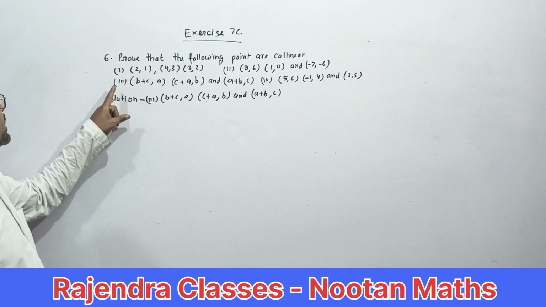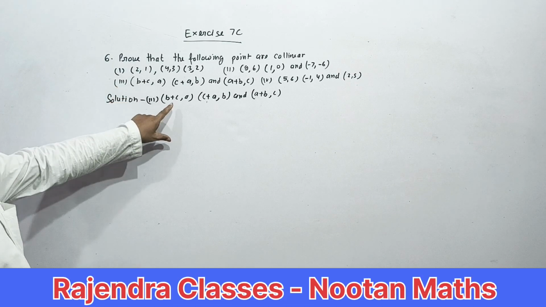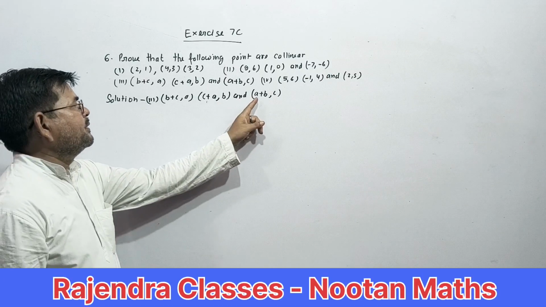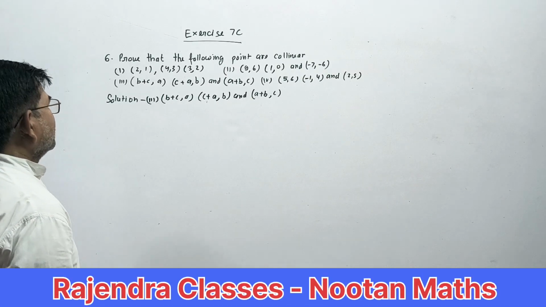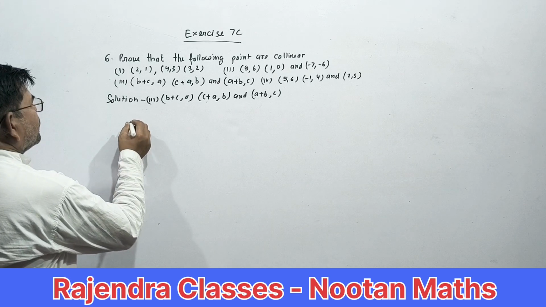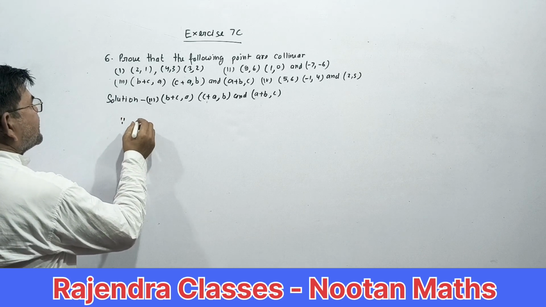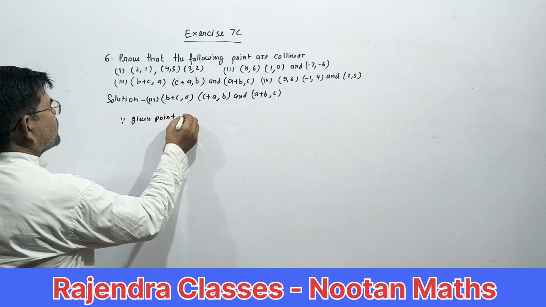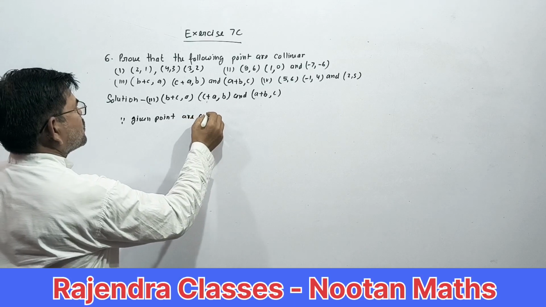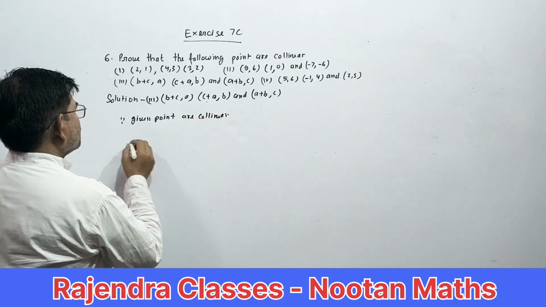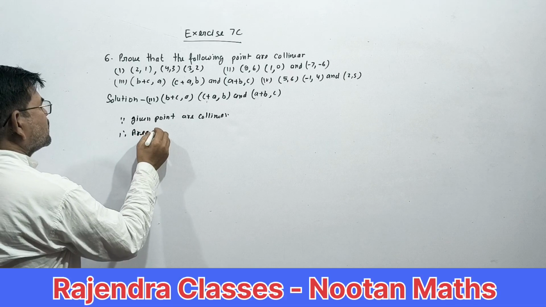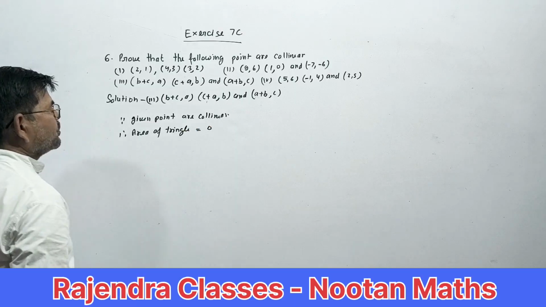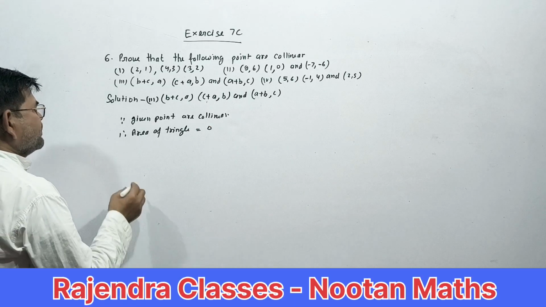Next question 3. B plus C, comma A, C plus A, comma B, and A plus B, C. So if the given points are collinear, so area of triangle is equal to 0. We write the formula of area of triangle.